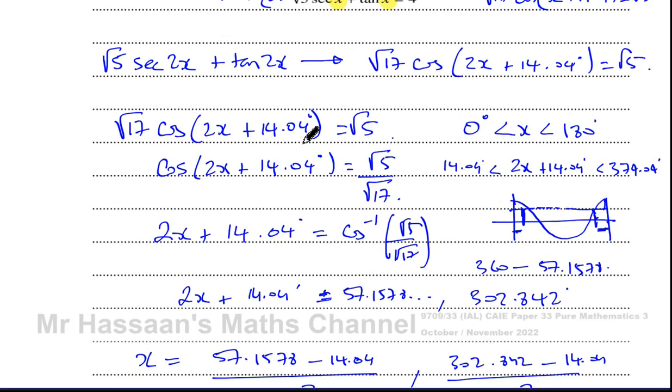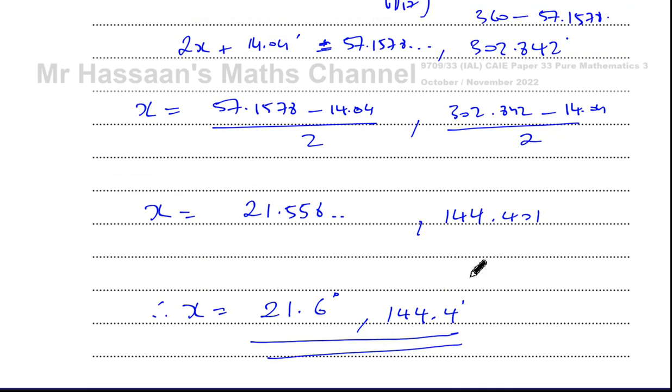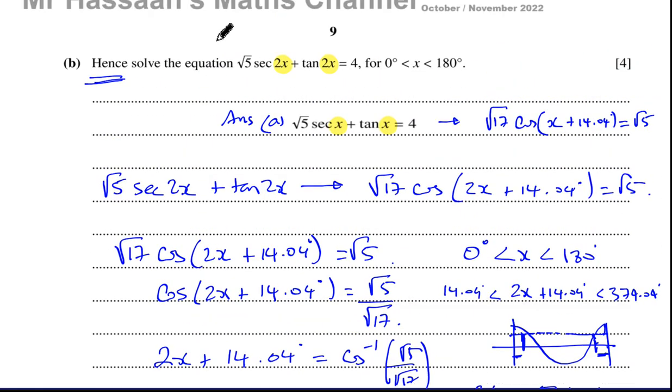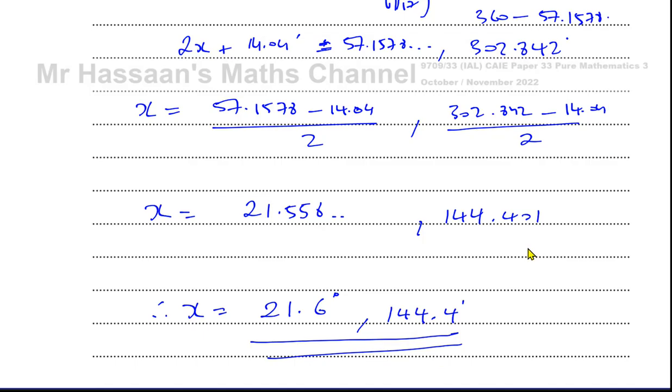Okay, so angles in degrees should be given to one decimal place. So this should be 21.6 degrees and 144.4 degrees. Those are our two solutions within the range for this equation. So we use the answer to part A in order to solve this. Those are the two answers.